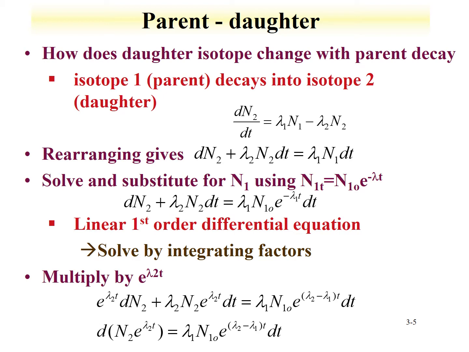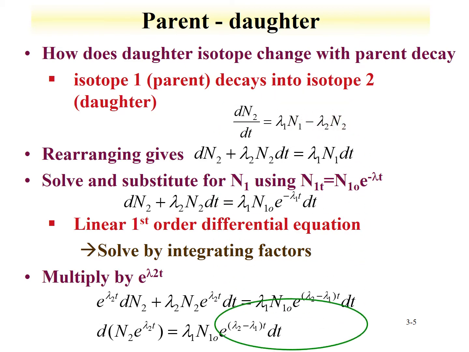Let's consider a case where we just have one daughter that's being produced from the decay of one parent. So we have an isotope 1, and it decays into isotope 2. So the change of isotope 2 as a function of time is just equal to the decay of the parent that's going into the daughter, and then the decay of the daughter.